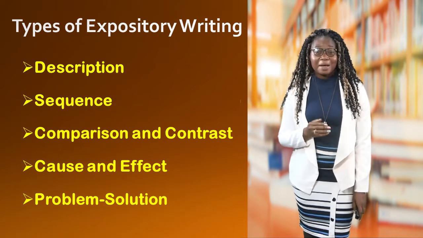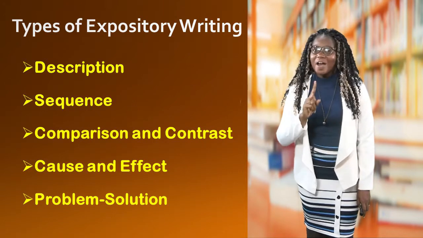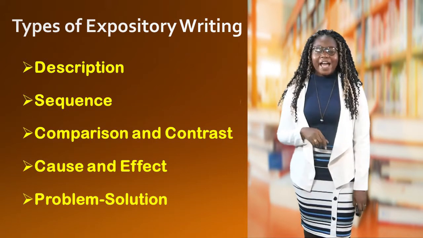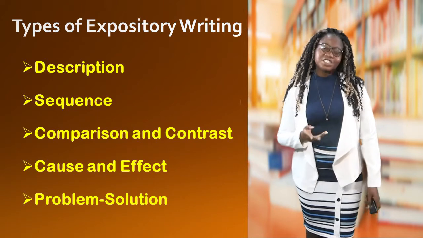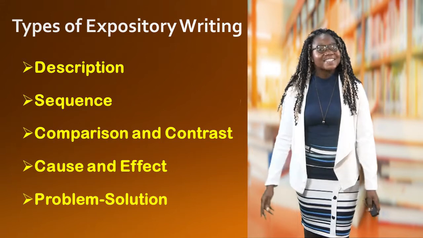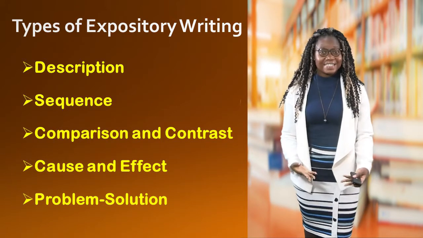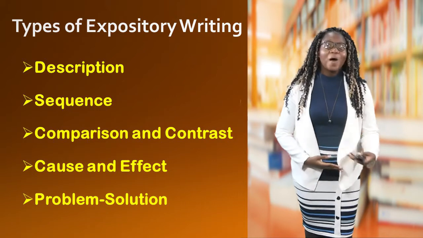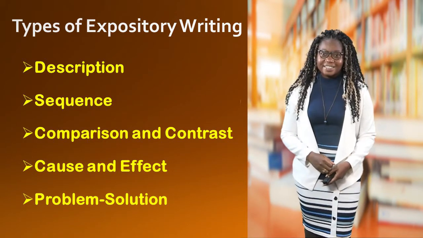Can we write about a boy and a girl? Yes, we can, in one essay. Thereby, we would have to compare and contrast the genders. Fourthly, cause and effect. What causes this effect? What happened for us to have this consequence?